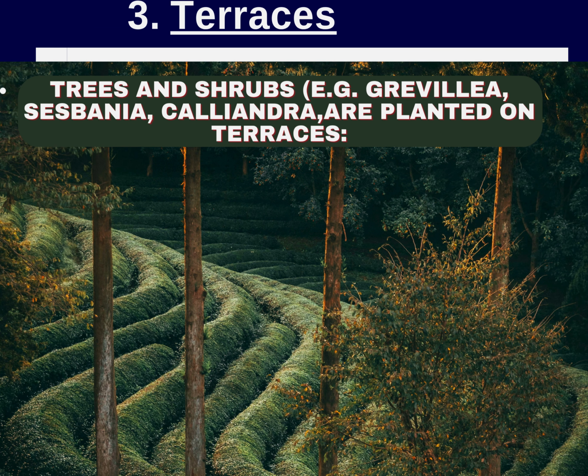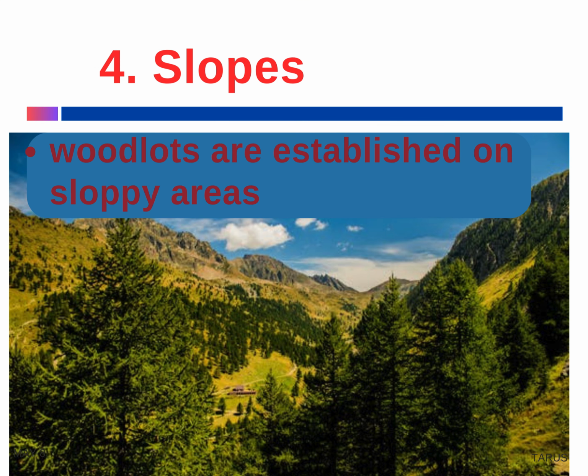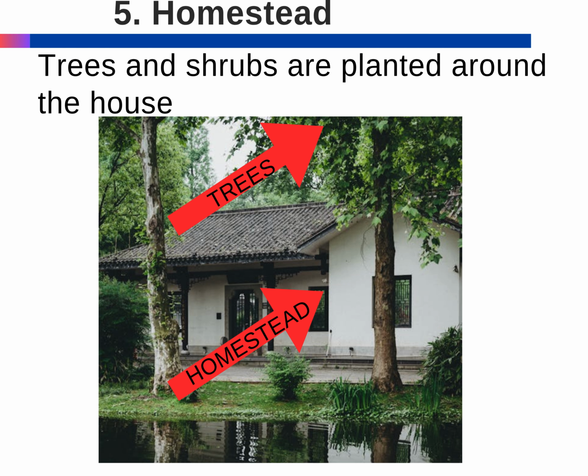Terraces. Trees and shrubs, e.g. grevillea, sesbania, calliandra, are planted on terraces. 4. Slopes. Woodlots are established on sloppy areas. 5. Homestead. Trees and shrubs are planted around the house.